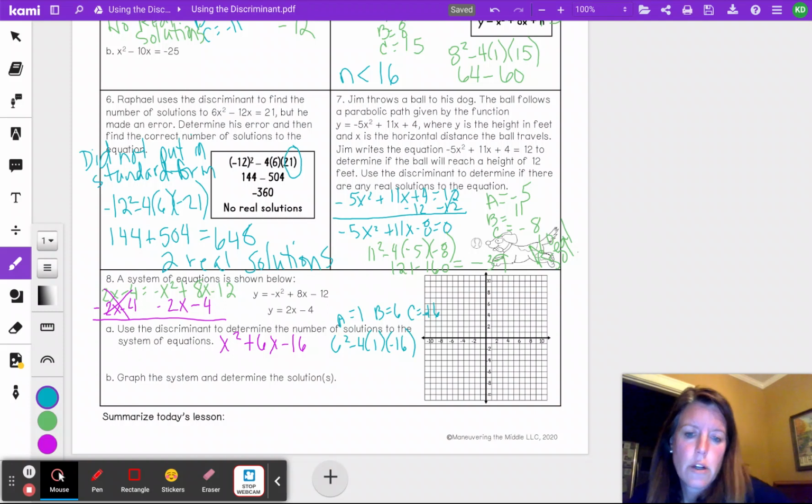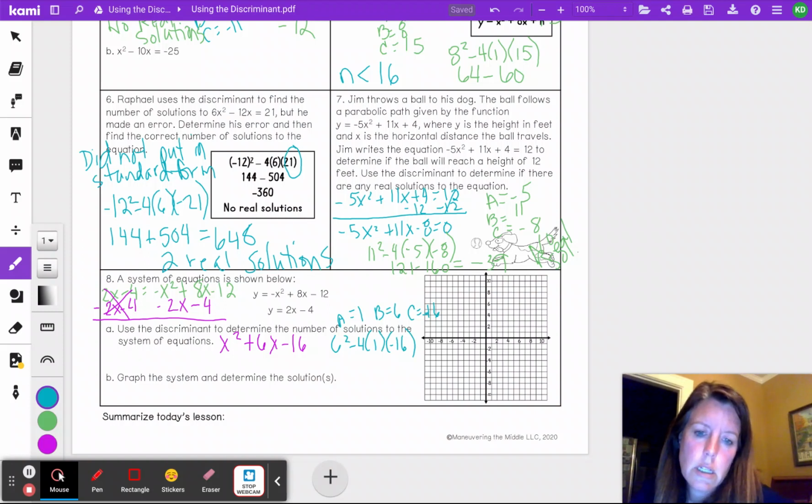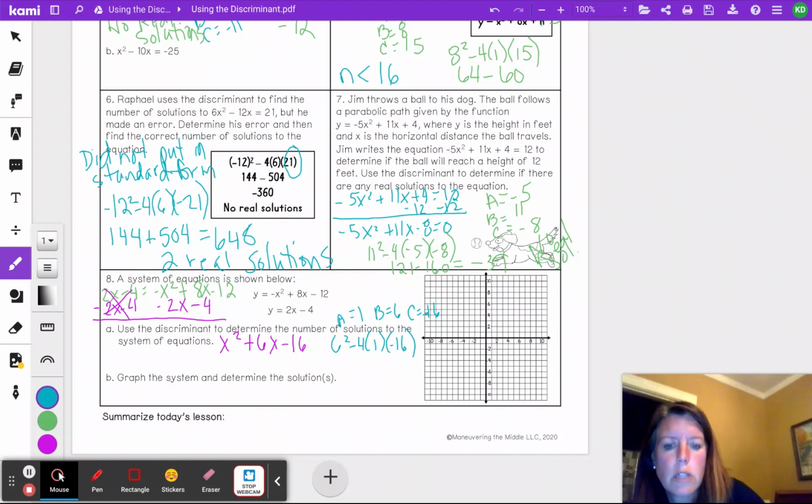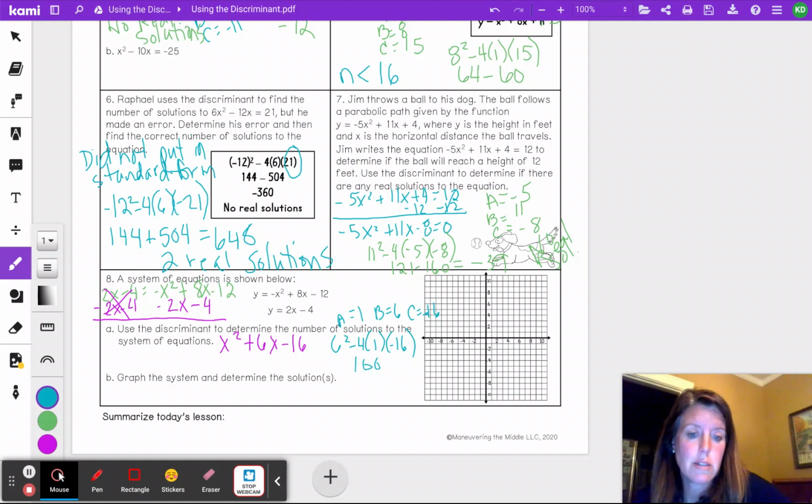So let's see, 36 plus 64. Let me work it out. Yeah, 36 plus 64, that's 100. So that is a number greater than 0, so it should have two solutions.